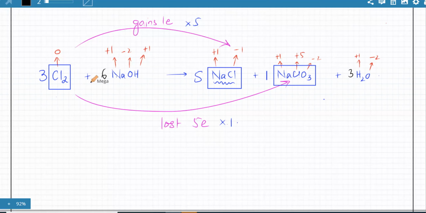So it's P4 plus NO2 minus 1 plus OH minus 1, then H2PO2 minus 1.